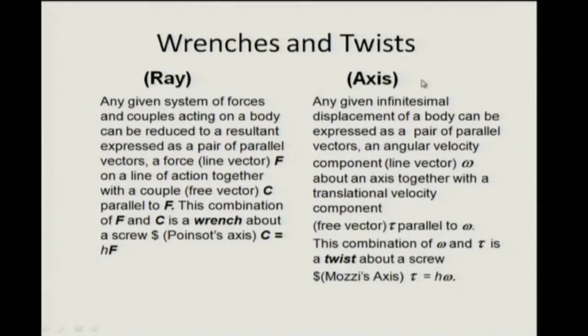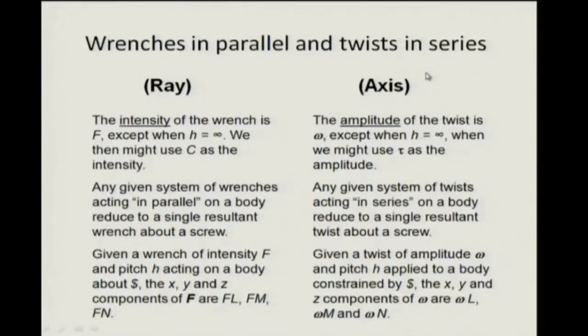You take the combination of omega and tau and call it a twist about a screw, and call it Mozzi's axis, in which tau is equal to h omega. So this is the very basic definition.